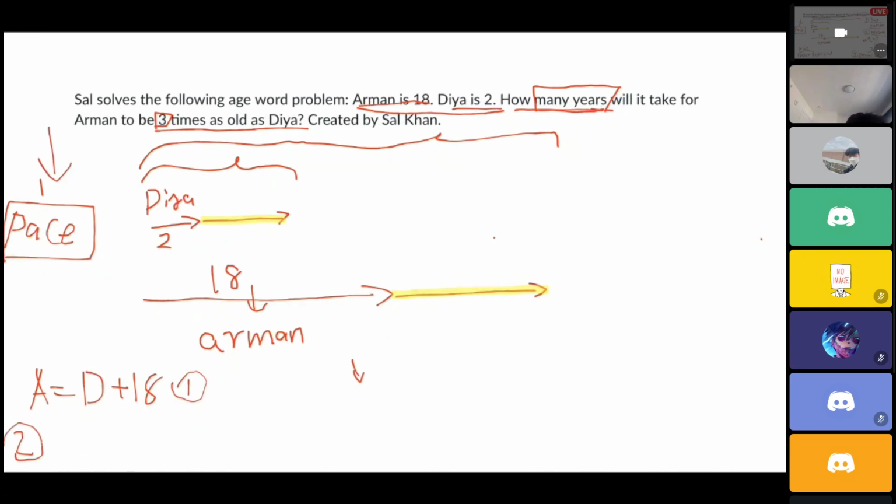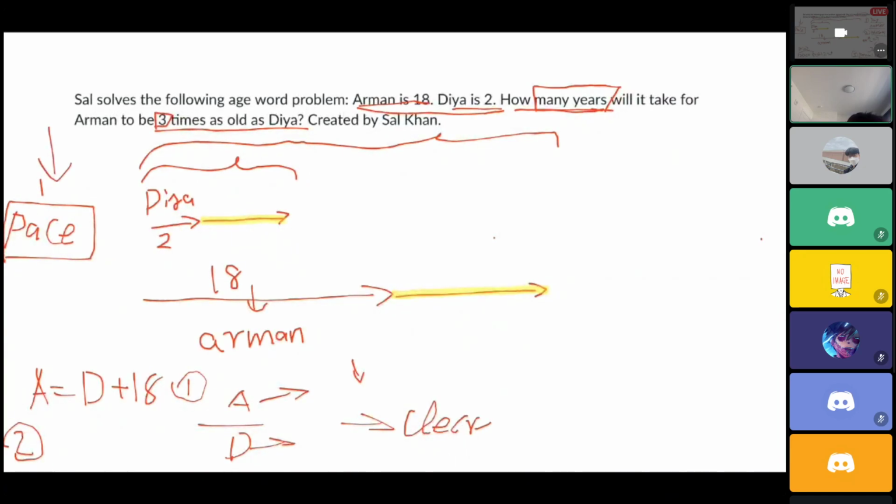The second thing is A divided by D. When A goes up and D goes up, it's strictly decreasing.